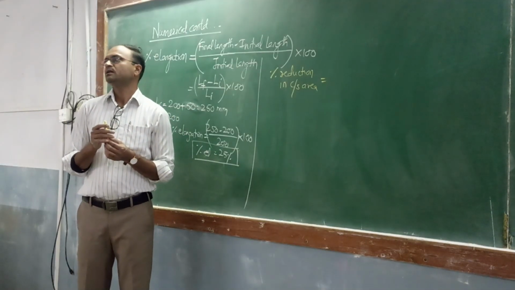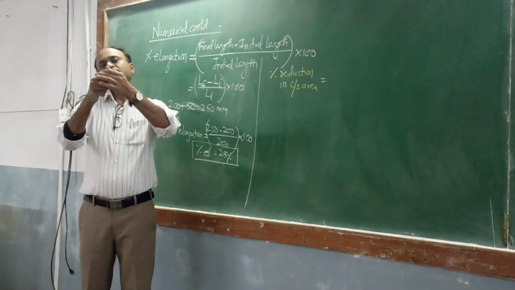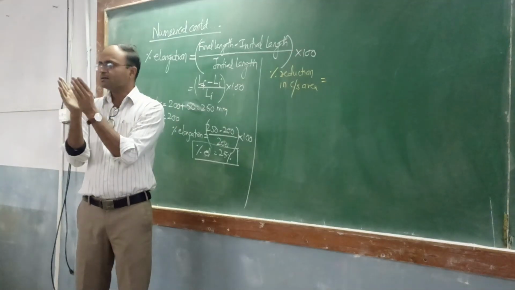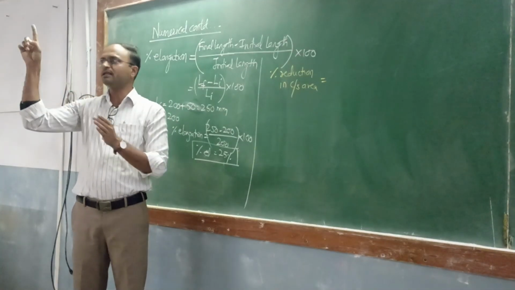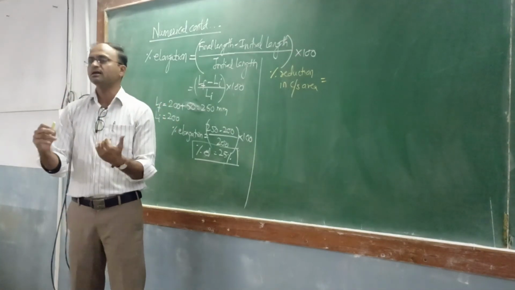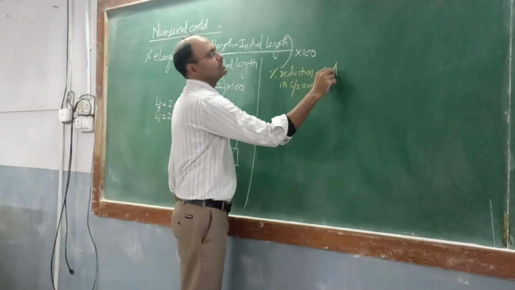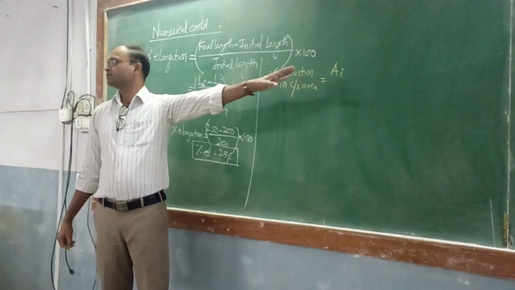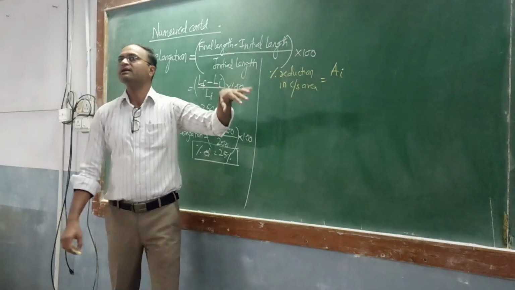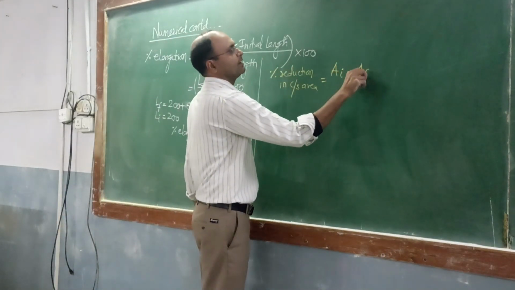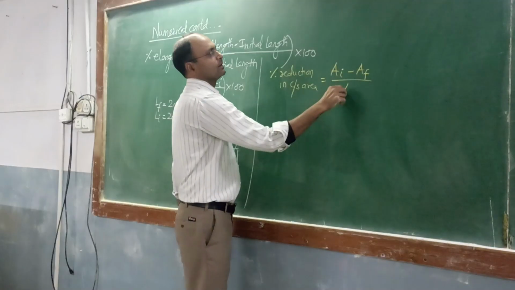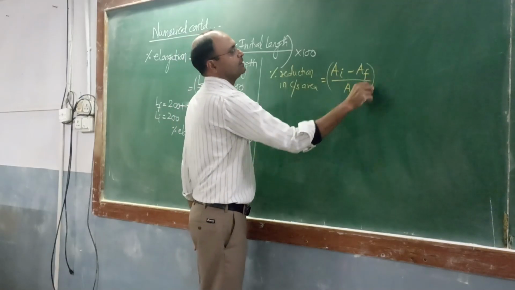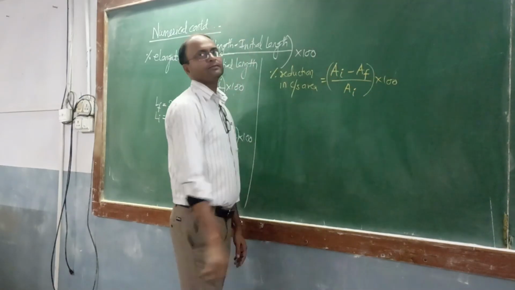Initially, maximum. When you increase the length, the area decreases. So initial area is maximum, and we have to find the reduction. So how will you find the reduction? Percentage reduction is equal to initial area minus final area upon initial area into 100.